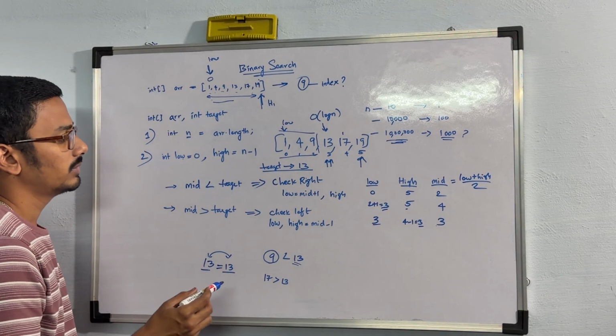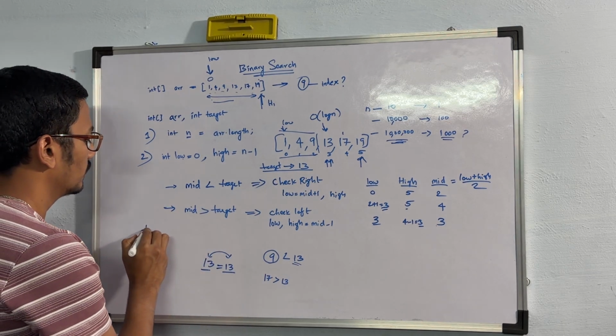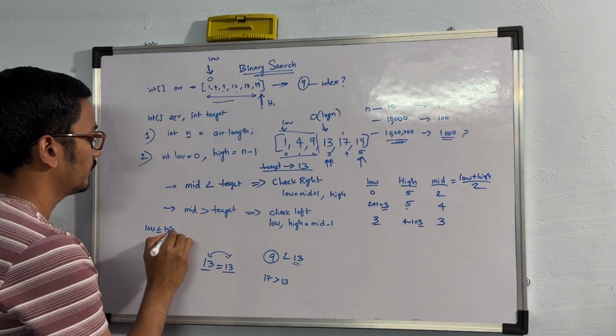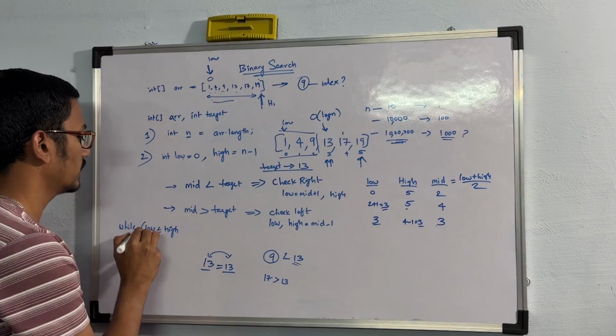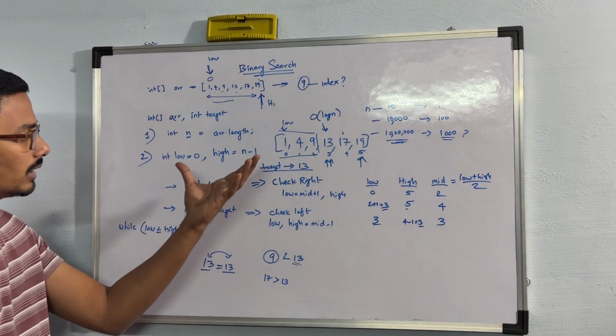So we will be iterating until low is less than or equal to high. We just keep a while condition so that it runs until this condition fails. Inside this condition we will do all this.